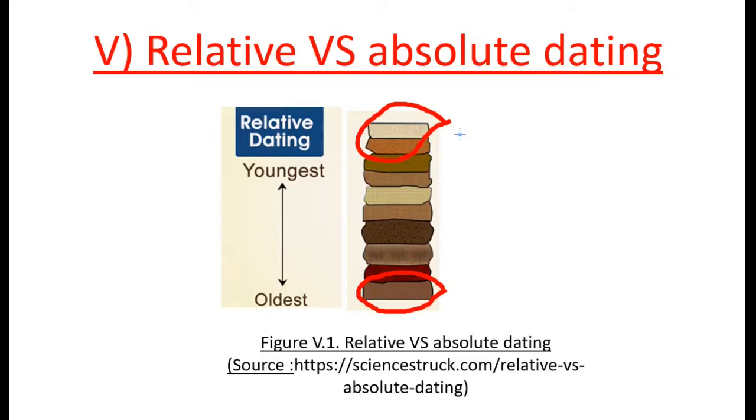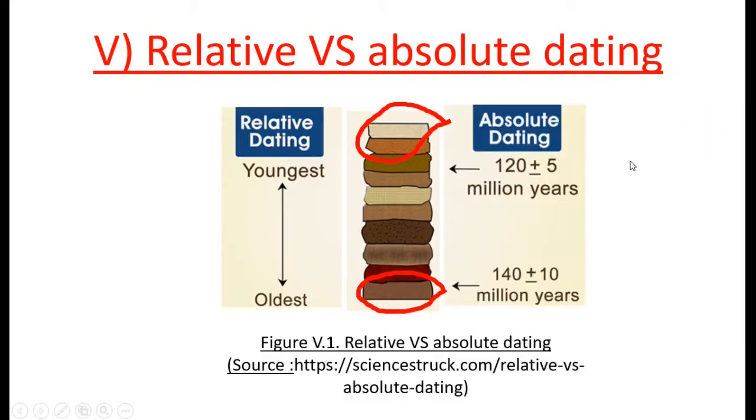Or with other techniques, you could be very precise and actually give an age using specific methods for certain layers. So you could, for example, study and say that this layer here is 120 million years old, plus or minus 5 being the inaccuracy, and the one towards the bottom is 140 million years old.